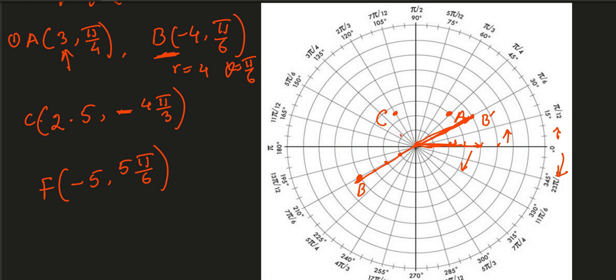But as we have a negative sign here, we'll come straight opposite to that point, 5 units. 1, 2, 3, 4, 5. So this is the final location of the point F. I hope this helps.